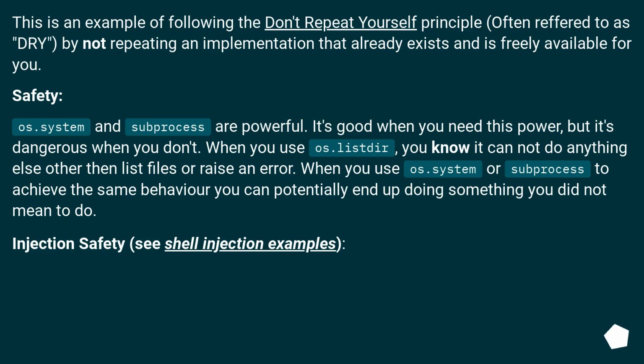Safety. os.system and subprocess are powerful. It's good when you need this power, but it's dangerous when you don't. When you use os.listdir, you know it cannot do anything else other than list files or raise an error. When you use os.system or subprocess to achieve the same behavior, you can potentially end up doing something you did not mean to do. Injection safety. See shell injection examples.